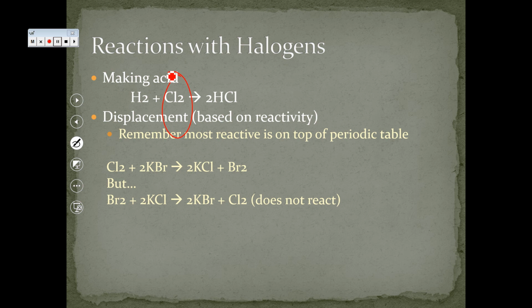The reason is that here chlorine is going to try to replace bromine, which is the halogen. It's not going to replace the potassium in that reaction. Chlorine is more reactive than bromine, so it has enough strength to basically kick the bromine out. But if bromine tries to kick chlorine out, because bromine is not as reactive as chlorine, it's found below chlorine, it does not have enough energy or strength to kick the chlorine out, so it does not react.